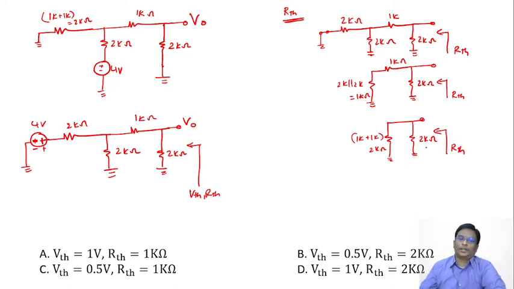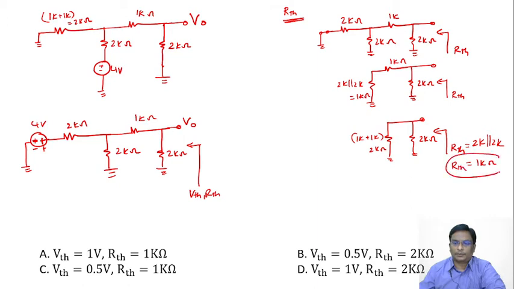Again, this 2K and 2K are parallel, therefore 2K parallel to 2K is nothing but 1 kilo ohm. It's the RTH for the given circuit. If you notice the options, B and D, which are given as 2K, you can eliminate. The answer should be either A or C, 1K. We have to select between A or C.